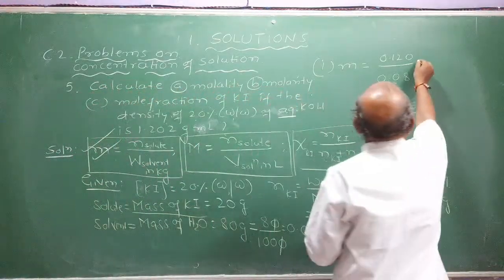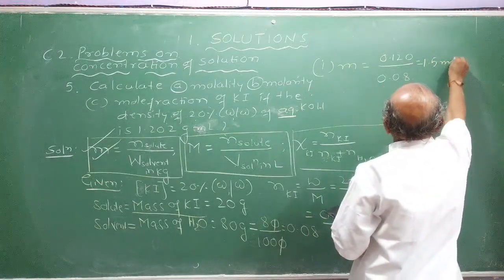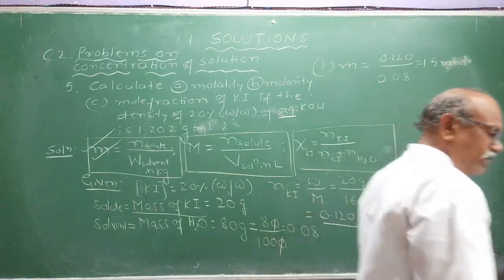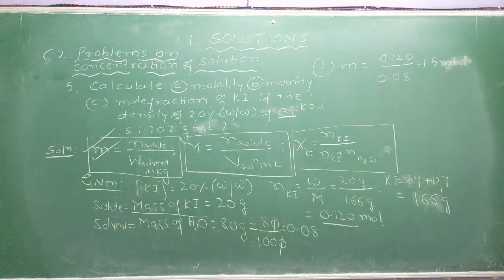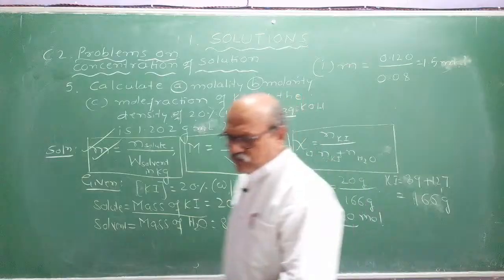Molality will be 1.5 molal. Or simply you can write M. It is 1.5 molar, or mole per kg.